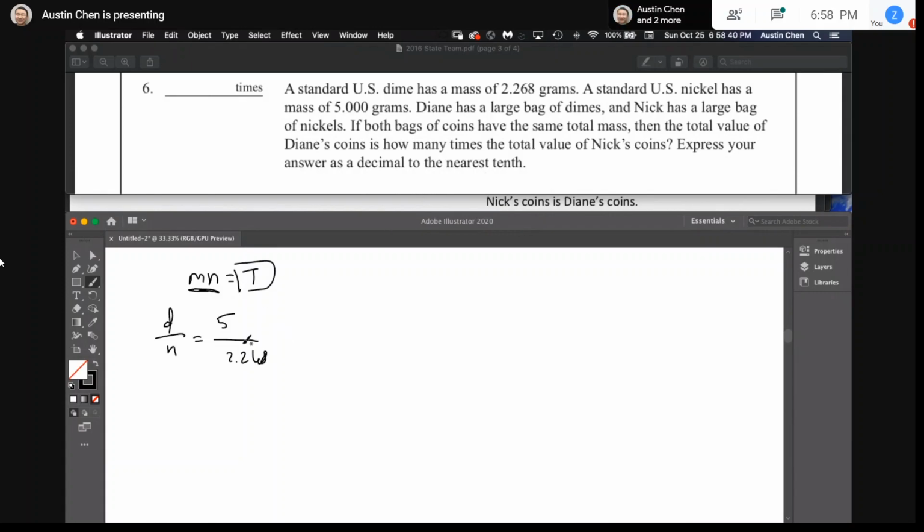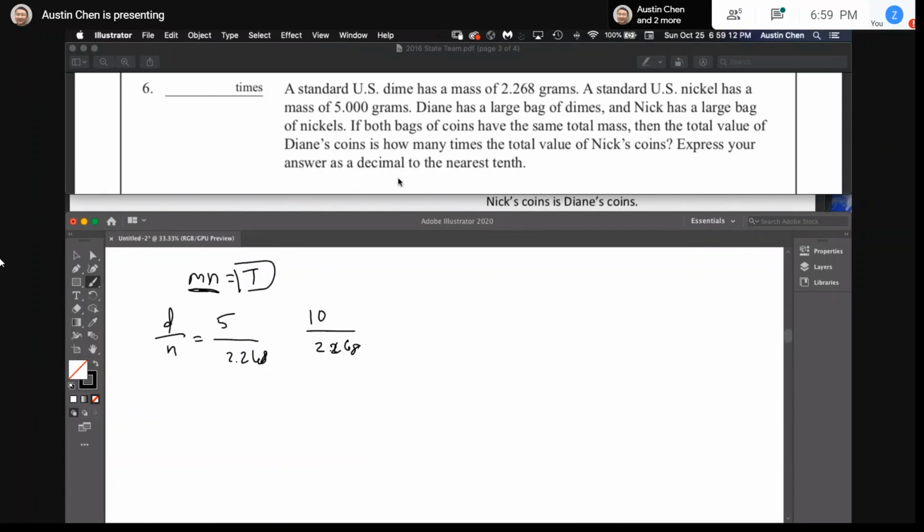And then we want the ratio of the value, right? So dimes are twice as valuable as nickels, so we just multiply the 5 by 2. So then the ratio of value is 10 over 2.268. Then the total value of Diane's coins is how many times the total value of Nick's coins.